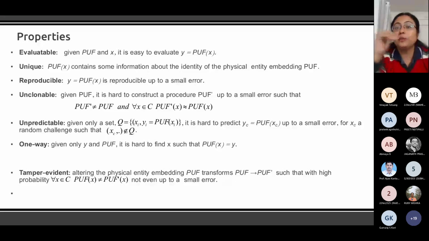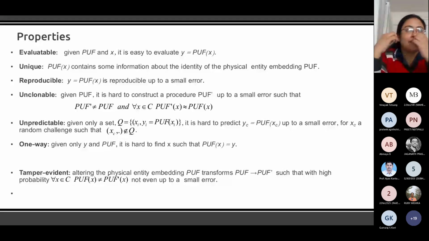That means it will be unique to the particular device that is embedding the PUF hardware. Now, reproducibility. We can repetitively create y by inputting x to the PUF circuit. Some error tolerance will be there. It will be unclonable. Given a PUF circuit, I will not be able to create another PUF circuit.